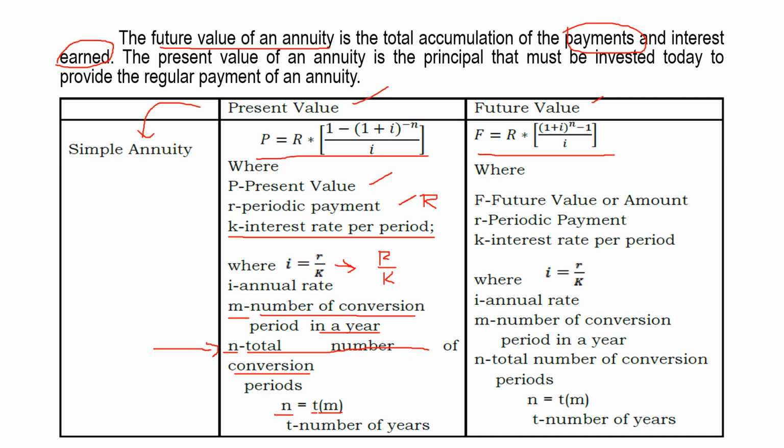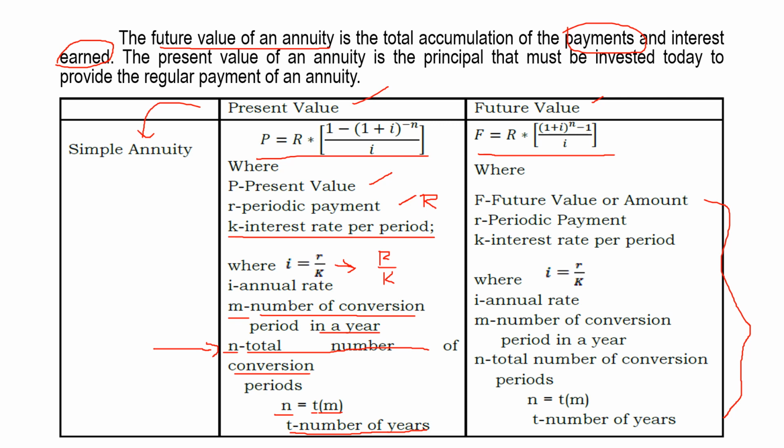If that is compounded semi-annually, your m is 2. So we just simply multiply it by t, and t is the number of years, for us to get the value of your n. So it's the same scenario with the future value of your simple annuity here.